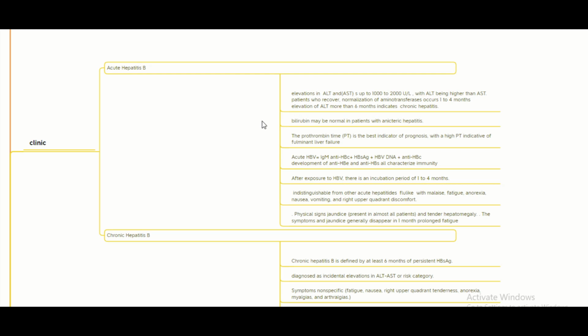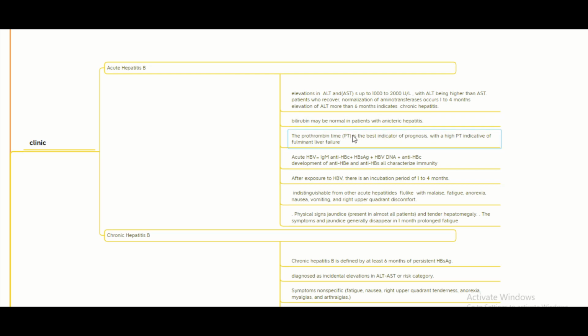The clinic can be icteric or anicteric. In icteric, we will have jaundice as the main clinical symptom. In these patients, the bilirubin will be really high. In anicteric patients, the bilirubin may be normal, and this is another atypical variant of hepatitis, but it's quite common.